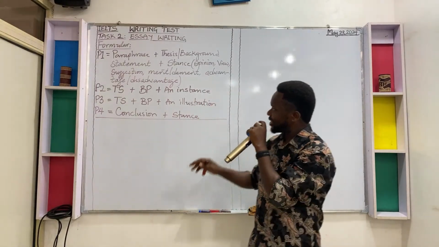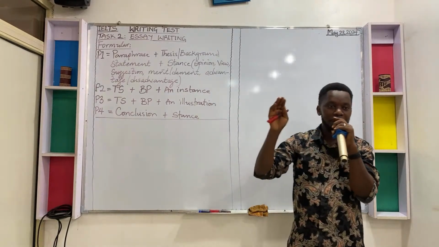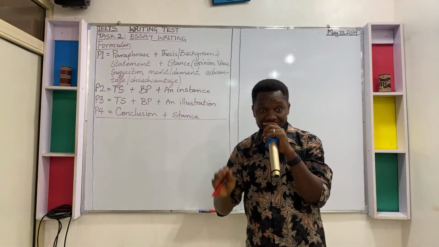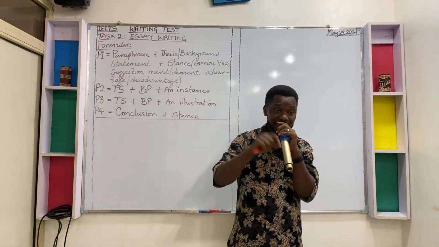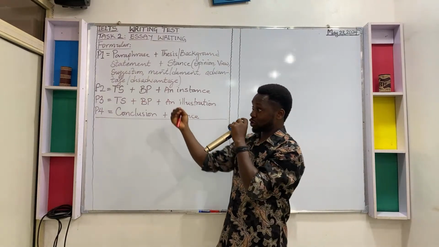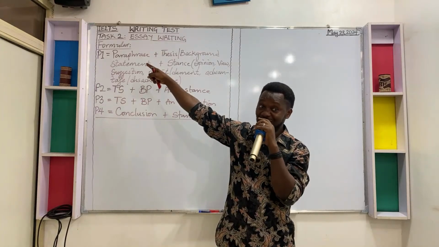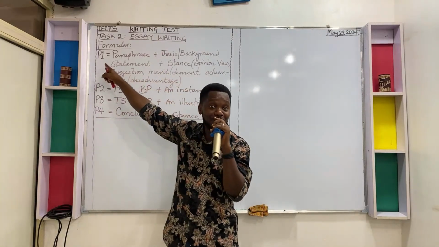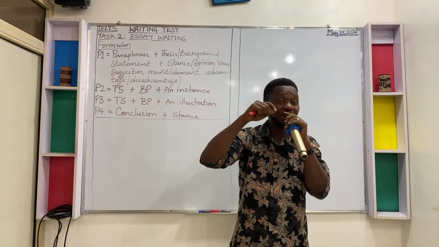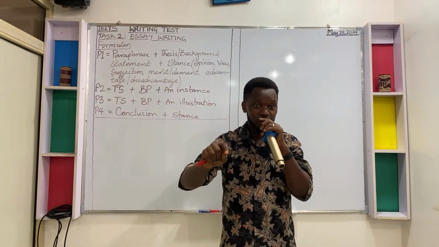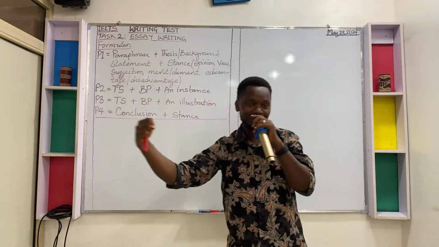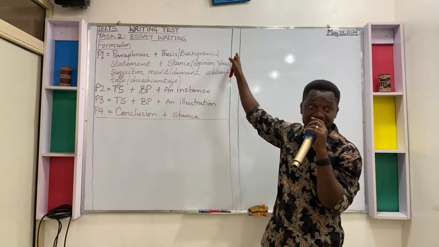So, once you make your thesis or background statement, remember, it should not come on a different line after your paraphrase. You are still treating paragraph 1. So wherever your paraphrase stops, where you have your full stop, continue from there as long as there is still space.